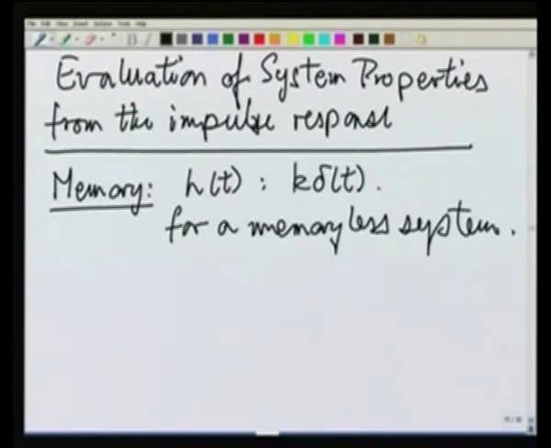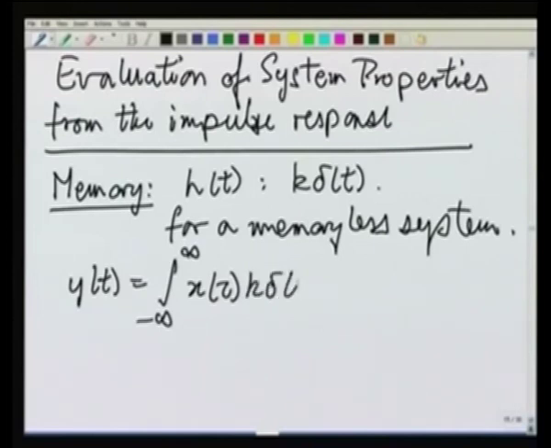This is very easy to demonstrate. We will use the convolution expression and just write it out as y(t) equals the integral from minus infinity to plus infinity of x(tau) k delta(t minus tau) d tau. So, this is exactly the shifting property.